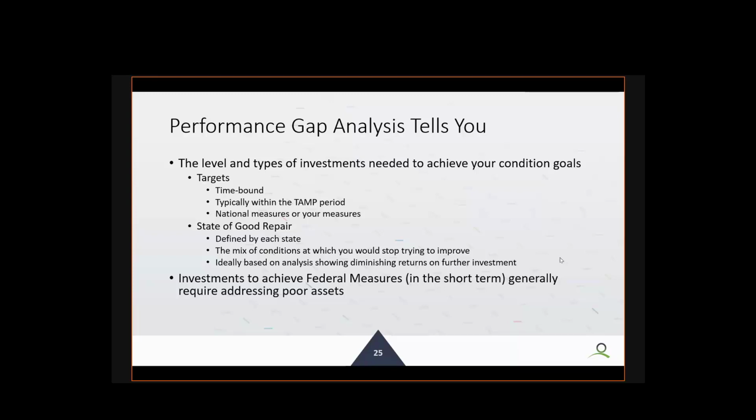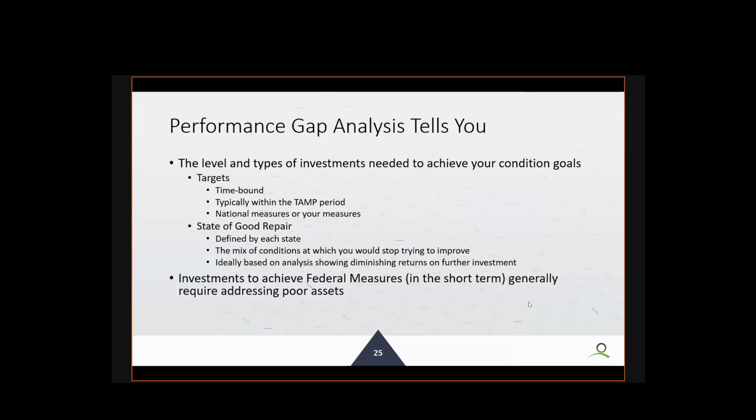And the official targets are based on the national measures that are established in the regulations. So your desired state of good repair, you'll get that out of this analysis too, or it's one piece that you'll need to establish. That's defined by each state, and there's no real rule beyond that.